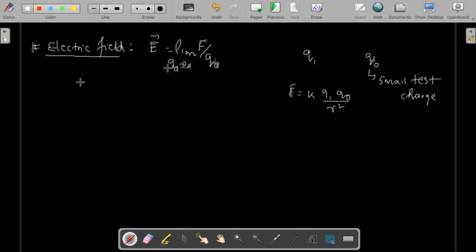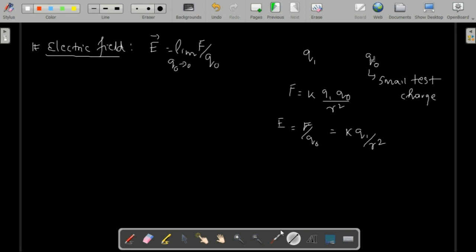Now the electric field would be nothing but f by q naught. So q naught is there, it will get cancelled. This would be k q1 by r square.